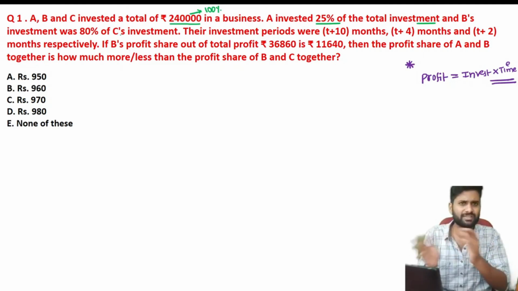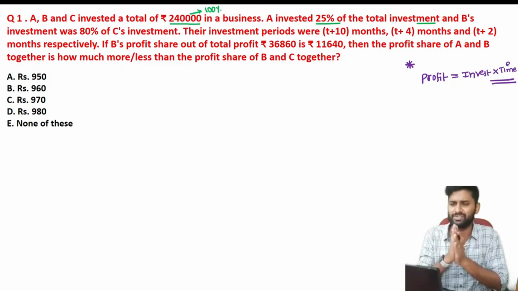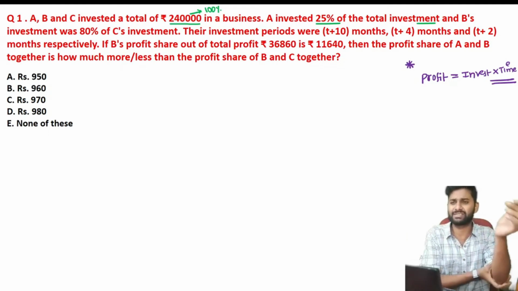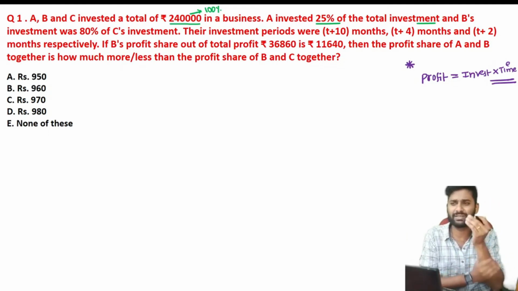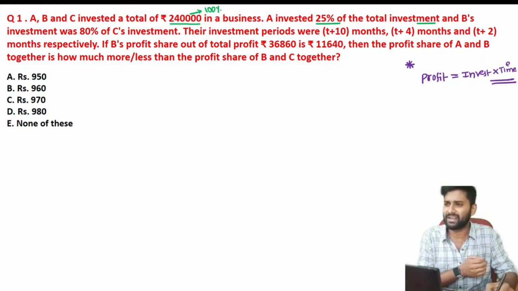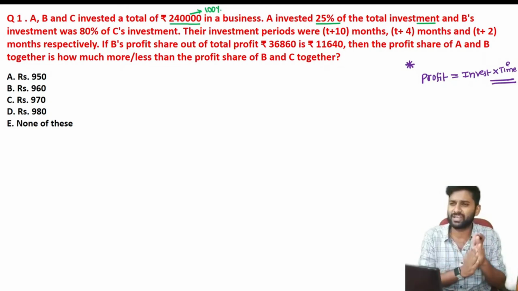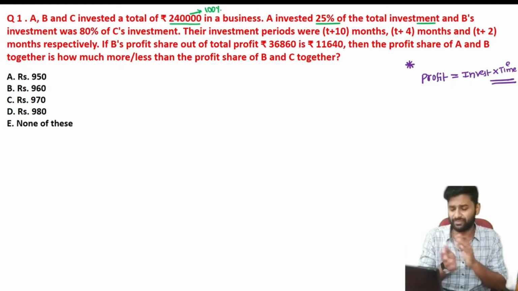The remaining 75% is distributed according to this information. And the investment periods were T plus 10, T plus 4 and T plus 2 in terms of months. As a comparison, they gave that if B's profit share out of a total profit of 36,860 is 11,640, then the profit share of A and B together is how much percent more or less than the profit share of B and C together.